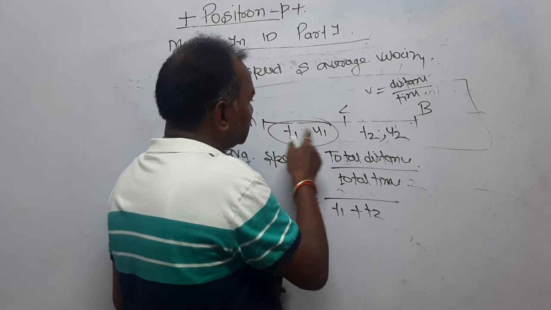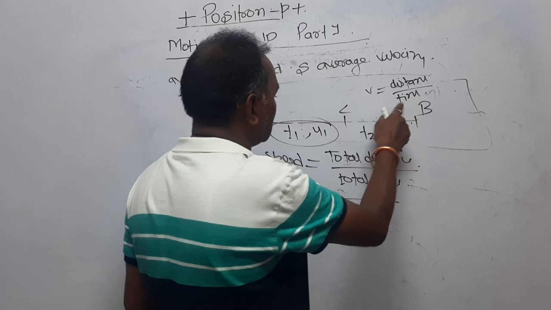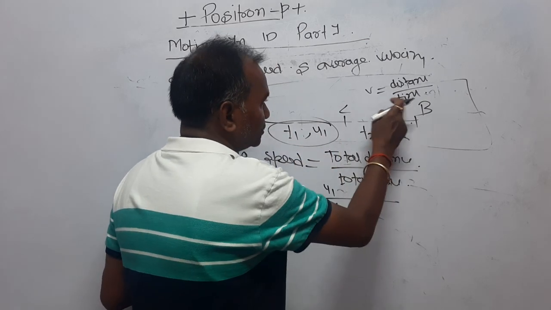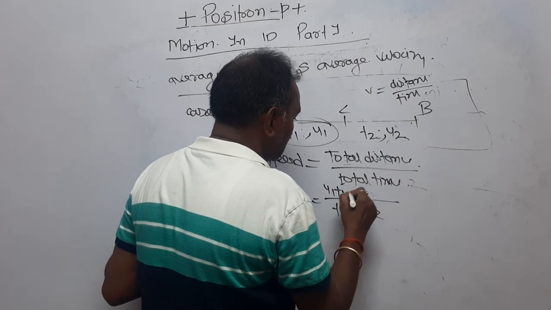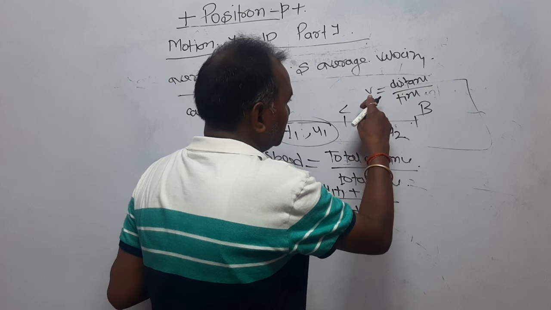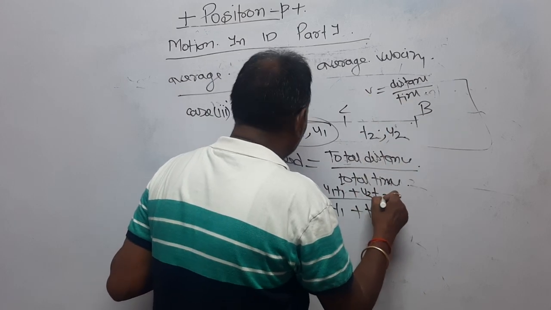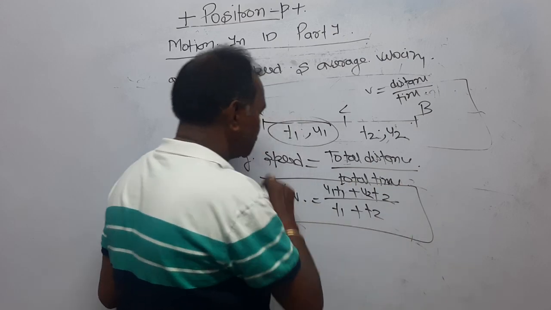In t1 time, how much distance will it cover? Distance is equal to velocity into time. In the first t1 seconds it was traveling with u1, so velocity is u1 and time is t1, and in the last, velocity is u2 and time is t2, so distance covered will be u2 t2. In this, the v average, the average speed, works out to.